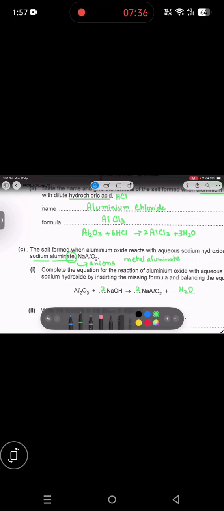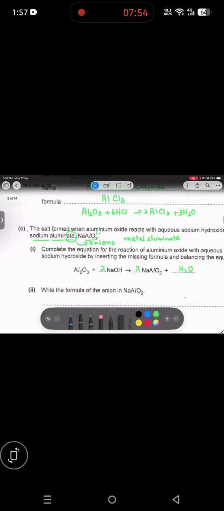What I am trying to say here is that this AlO2 whole is a molecular ion, and this molecular ion is an anion in nature. So the charge on this molecular ion is 1 negative. So the anion formula will be AlO2 1 negative.